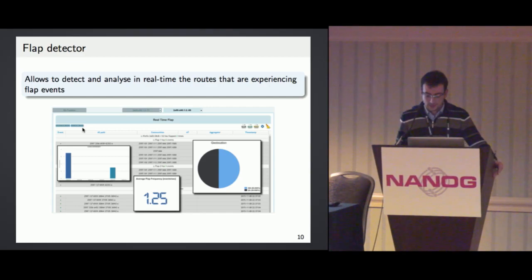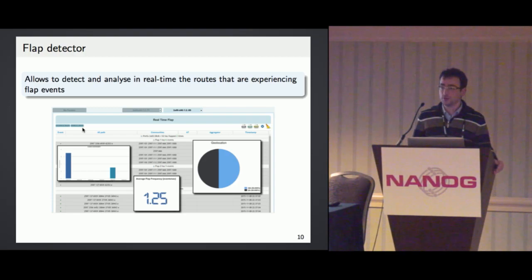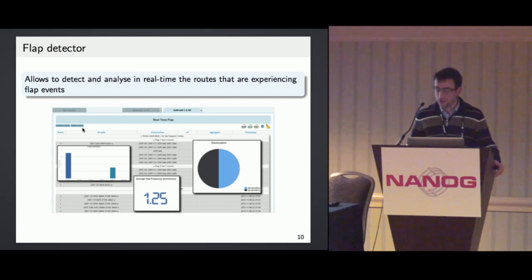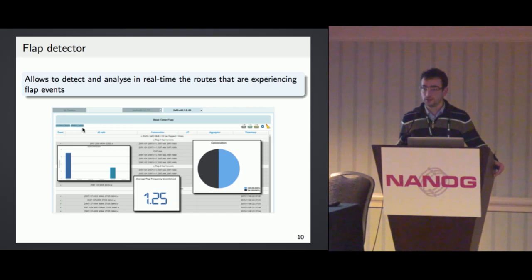Again, the results are correlated with statistics. For example, the type of the flap, if this is a sequence of announcements or an alternation of announcements with withdrawals, etc. And there is also information about the geolocation of the flapping prefix.